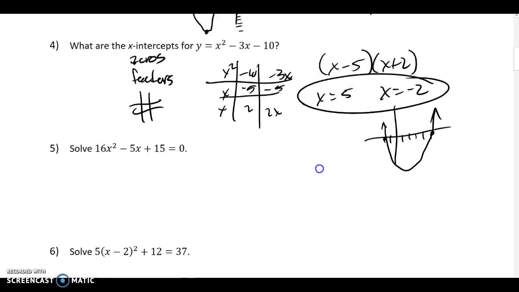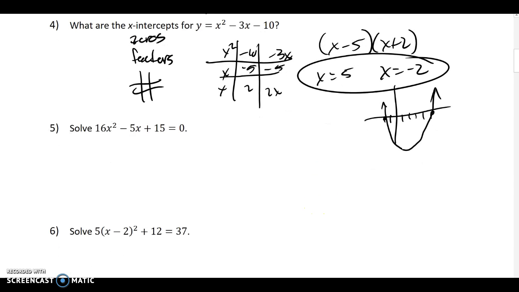Okay? We're going to solve this one, number 5. There's a couple ways to solve it. I believe the best way would be to use your quadratic formula. So make sure you put this on your note card. -b plus or minus the square root of b squared minus 4ac all over 2 times a, where a, b, and c are those numbers.